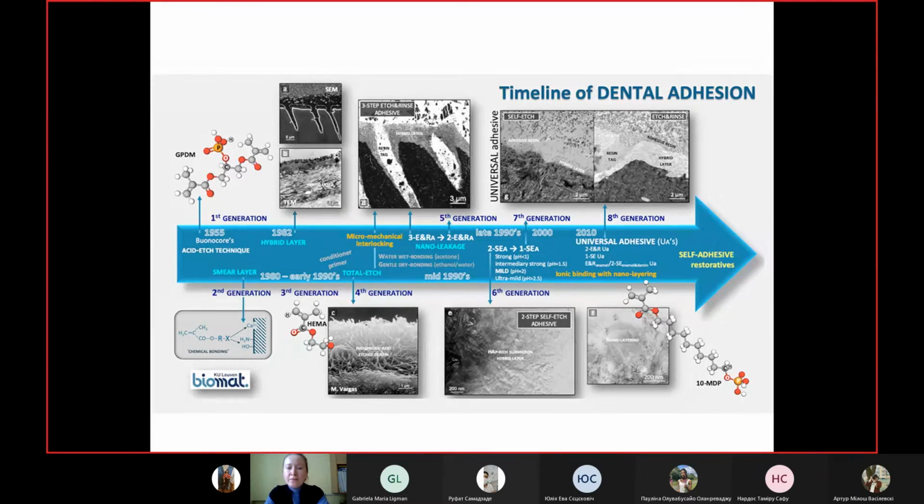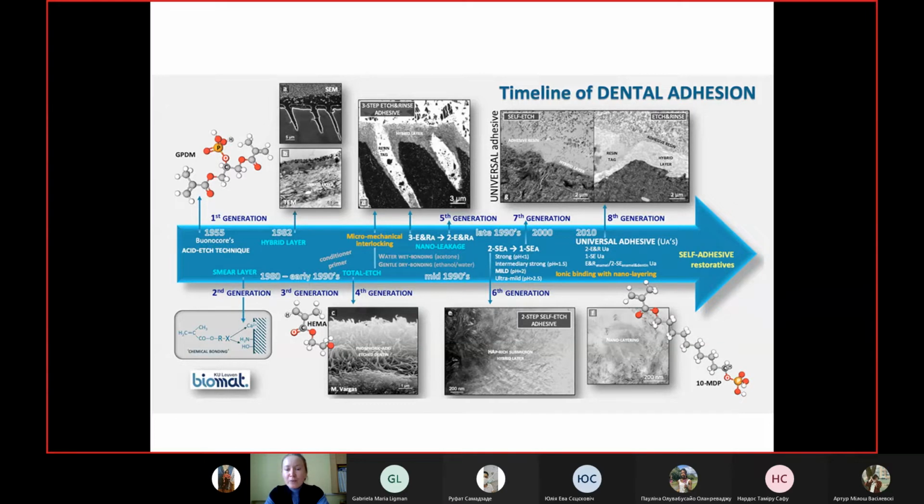Later developments were the fifth generation, in the middle 90s. In comparison to the fourth generation, the fifth was faster to manipulate, easy and quick.